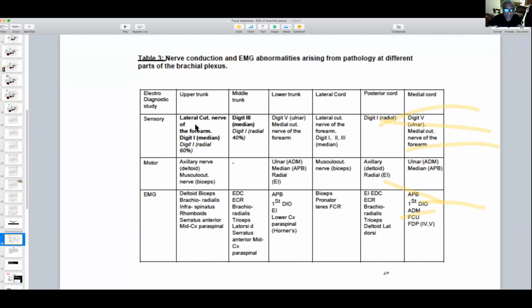That's why I always put sensory nerves first, because sensory nerves are very useful in starting off the study. Straight away it tells you what's happening. So you could tell straight away if the sensory nerves are normal in an area, like the lady with that thoracic outlet syndrome. She was numb in digit 5 and the medial aspect of the forearm, but her sensory potentials were reduced.